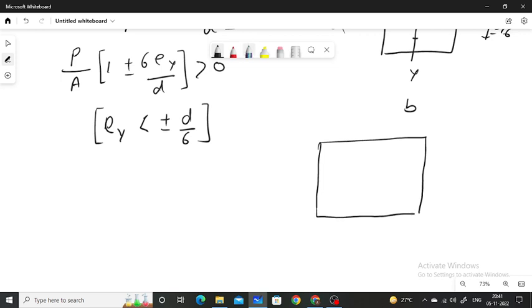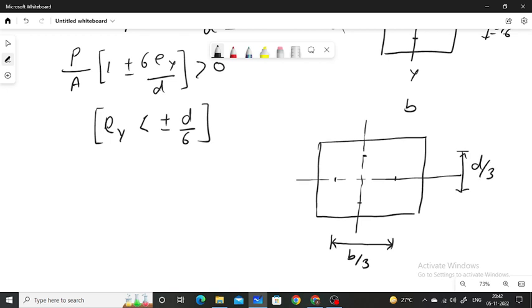So from here, if the eccentric load is applied within this region b/3 to d/3, then no tensile stress will be developed in the cross section of the column.